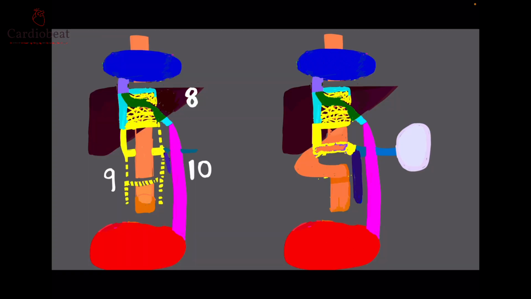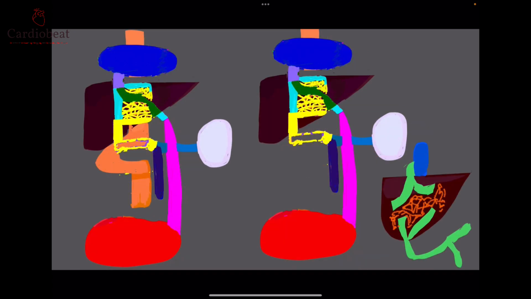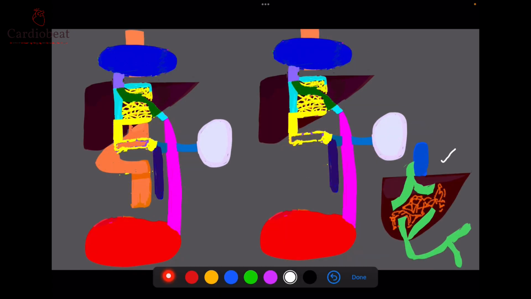The 10th change that is happening is the drainage of the independently developed splenic vein as well as the superior mesenteric vein into the leftover part of the vitelline venous system, thereby forming the portal vein. And this portal vein drains into the liver. The last picture shows the adult form of the venous system. So here you have the liver. These are the sinusoids.